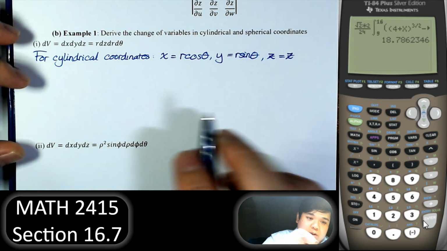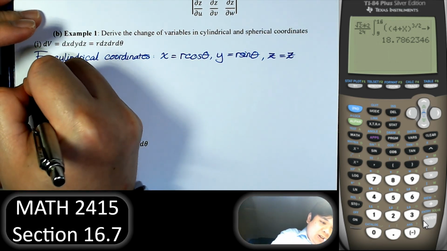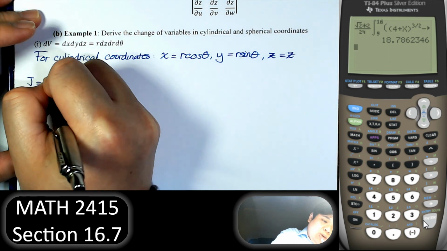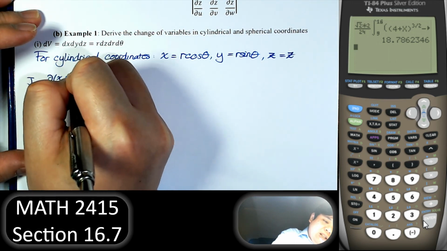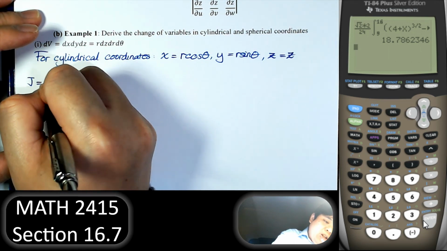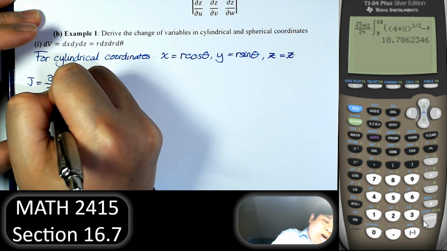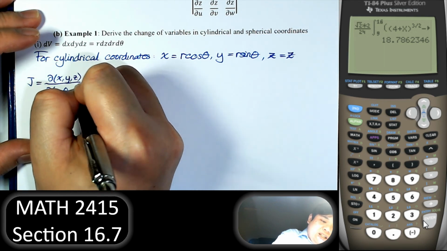So the Jacobian is the derivative of x, y, and z with respect to r, theta, and z.